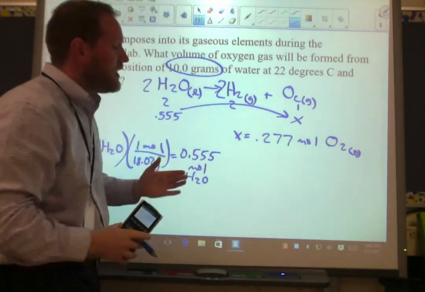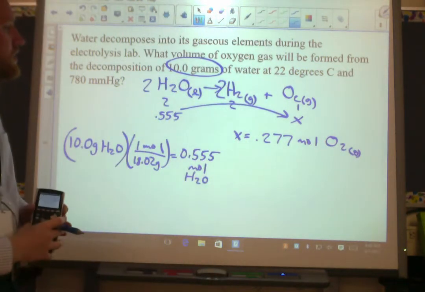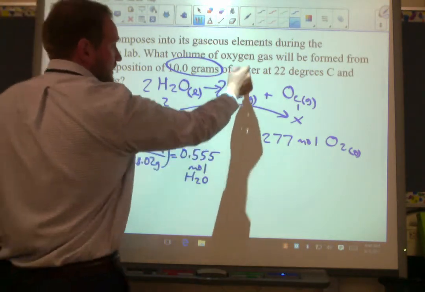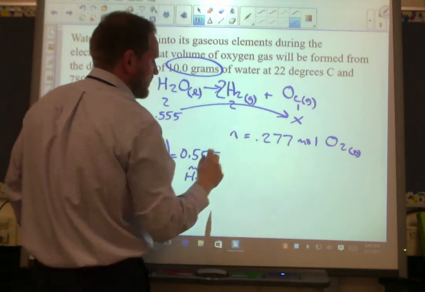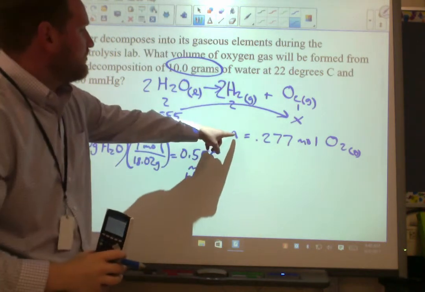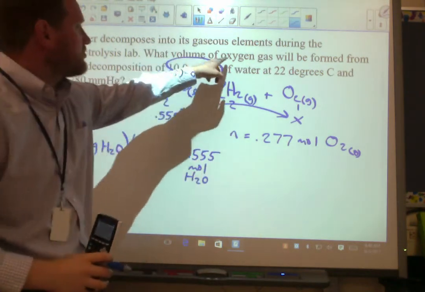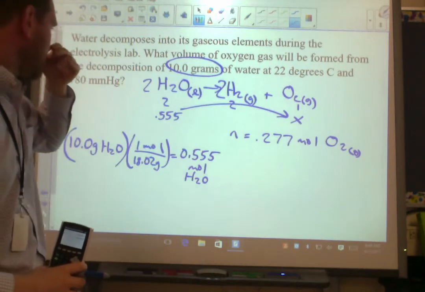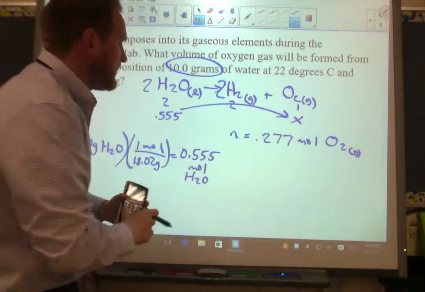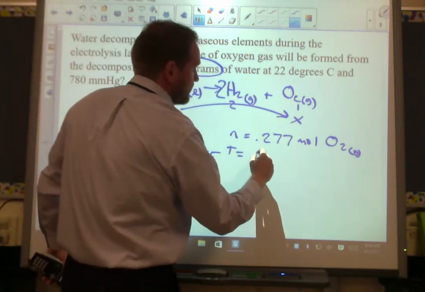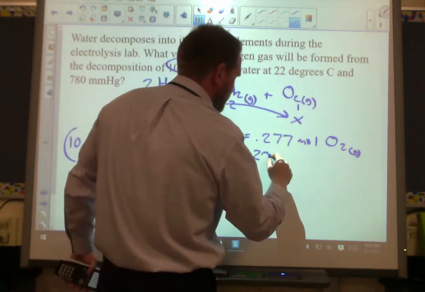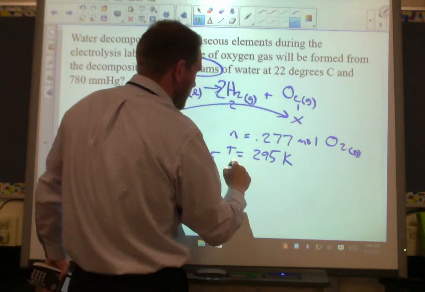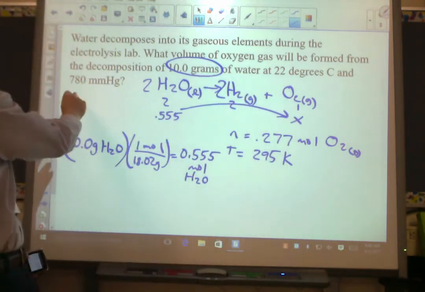So I found moles, but now I need volume. So really, the X, I'm really going to call this N, because that's number of moles. All right, so now I have the number of moles of oxygen gas. I have 22 degrees Celsius, that's going to be my T. So 22 plus 273 is going to give me 295 Kelvin. And I have pressure, 780.